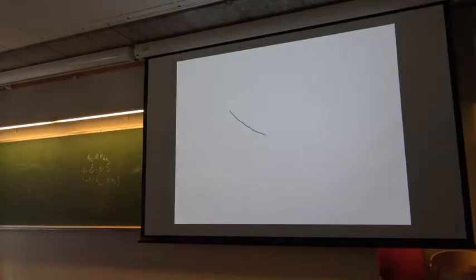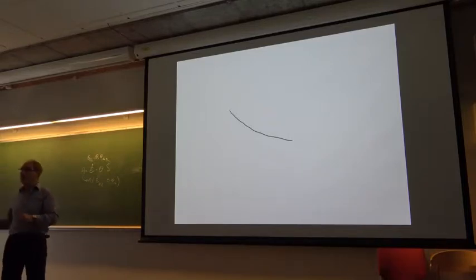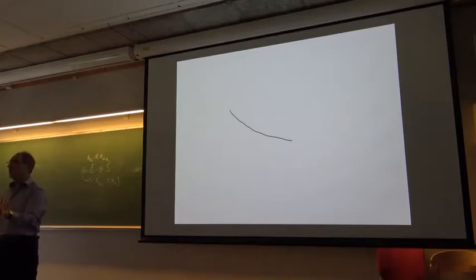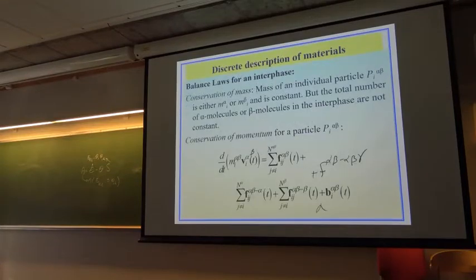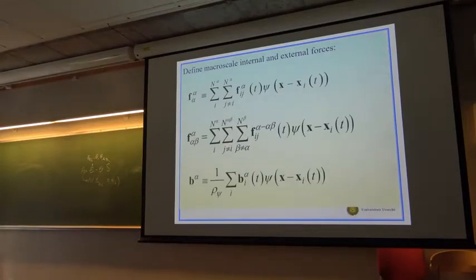If you have an interface, so here's the interface, and you want to model this in the sense of what I call a porous scale model, at the porous scale. Actually, you know what? I could have used the graph I had at the very beginning.